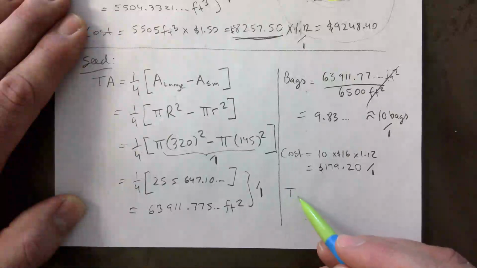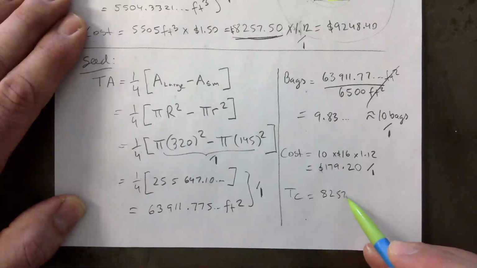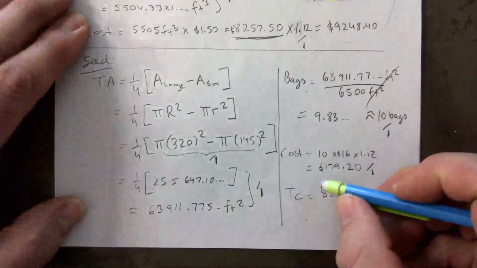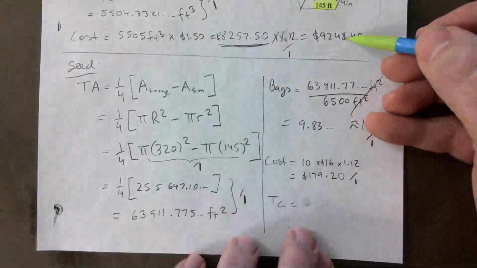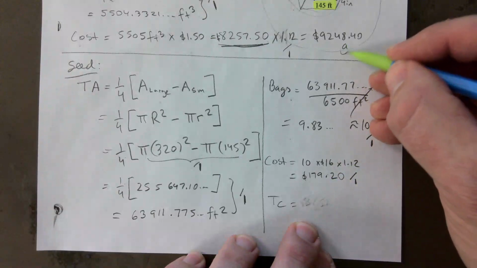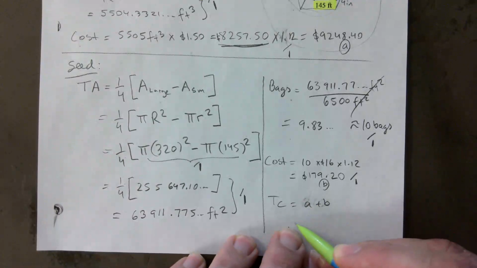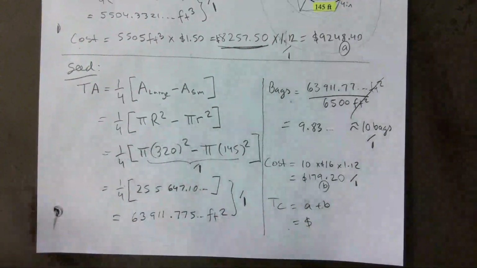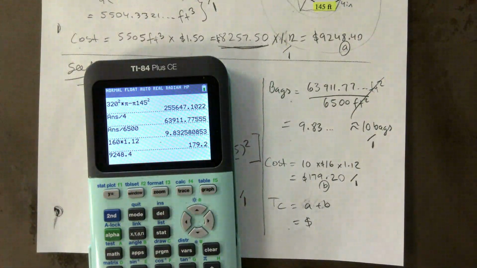And now total. Total cost would be 8257. No, sorry. Not the way I'm going to do it here at least. I got to add this and this. So I'll put a little A here, and I'll put a little B there, and I'll just show you that I'm adding A plus B. And here we go, 9248.4 plus 179.2.